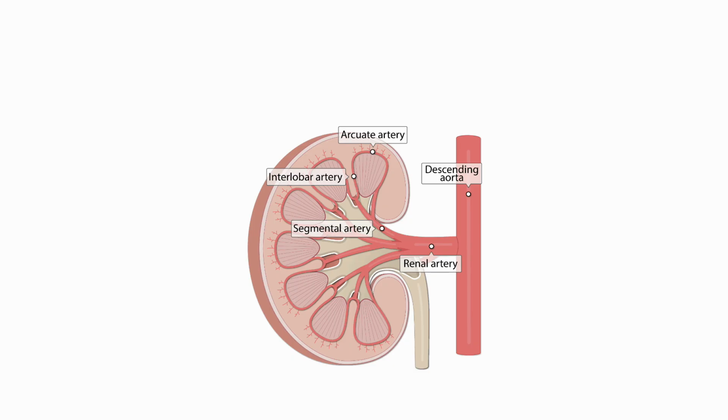Now, another thing I want to note, normal size of the kidney, 10 to 12 inches. Let me double check that. Centimeters. 10 to 12 centimeters, normal size for a kidney.